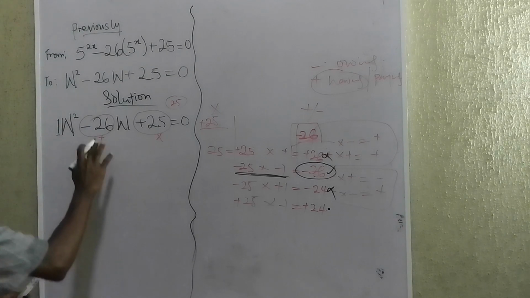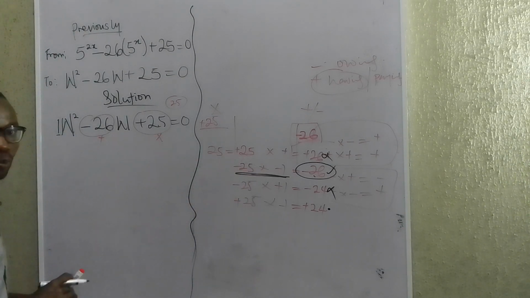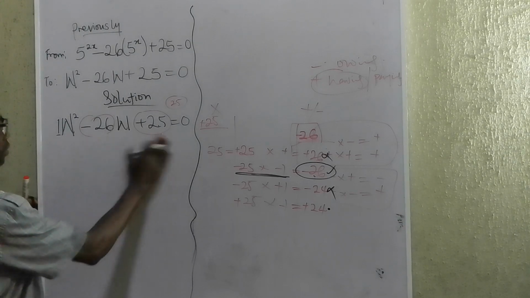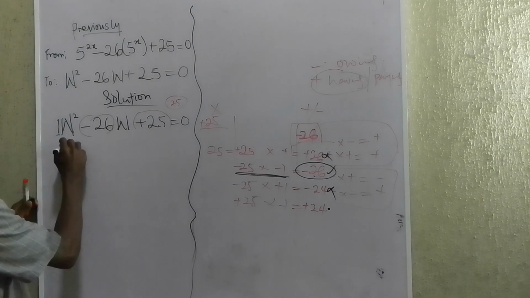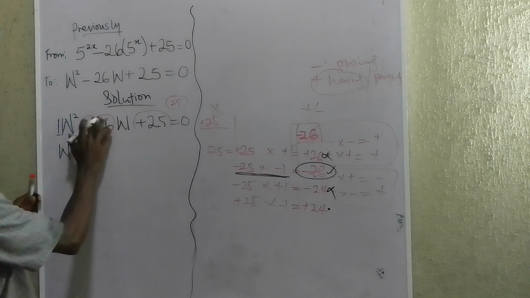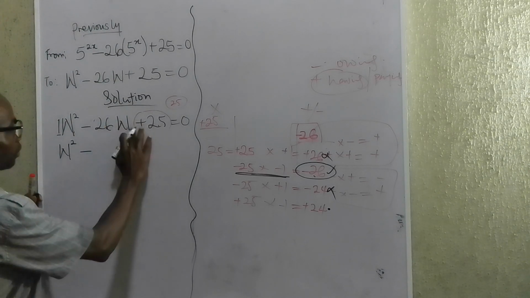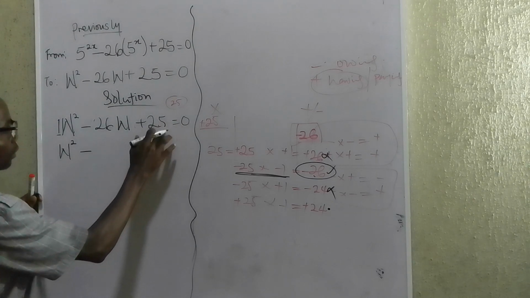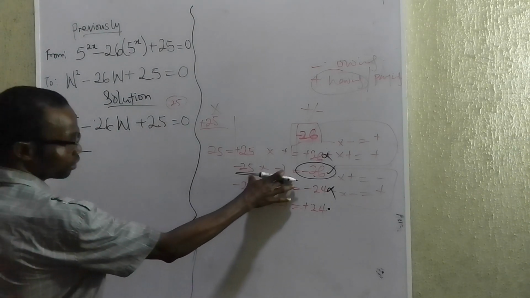So eventually, the values that will give us this are minus 25 and minus 1. So we'll have it as w squared minus 1. Now, instead of having this 1, we'll substitute this place with this.